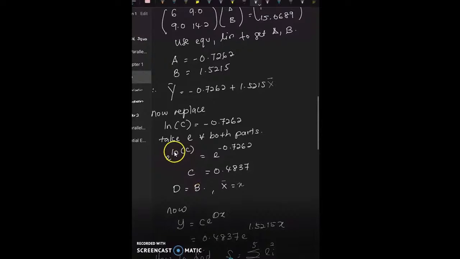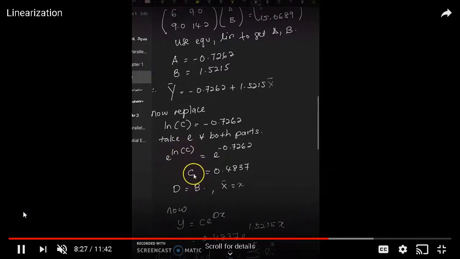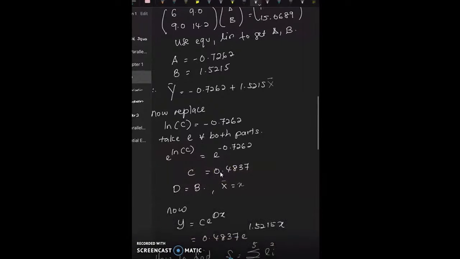Press your calculator, you will get 0.4837. For D, you have no need to do any adjustment because D is equal to B, and x is also not adjusted.